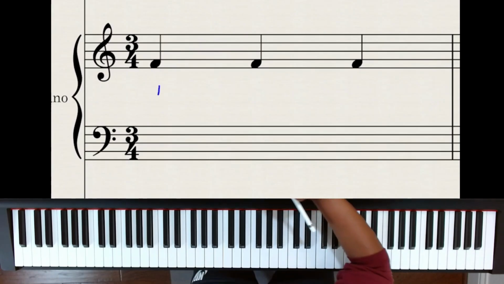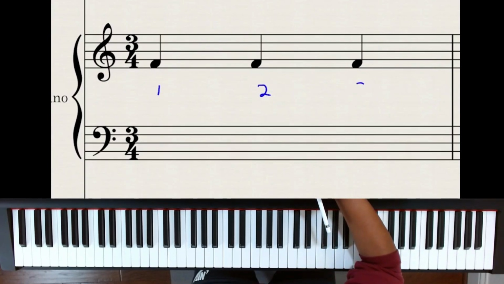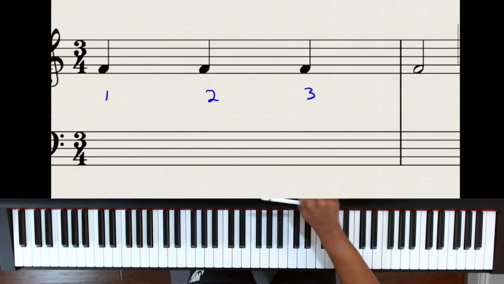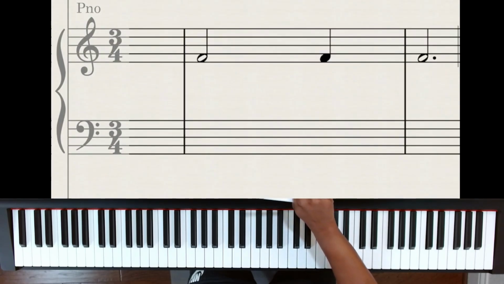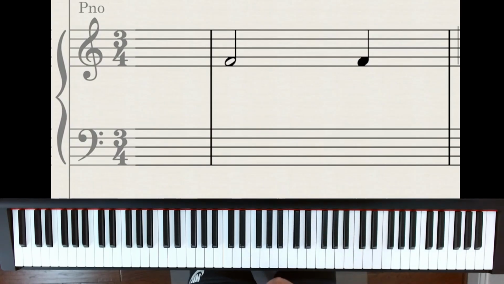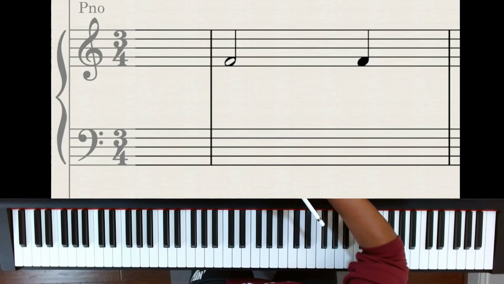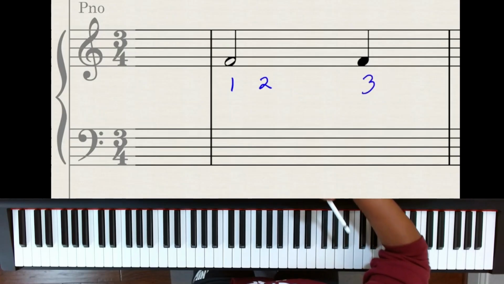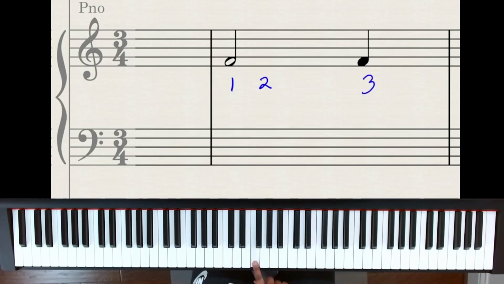So we have 1, 2, 3. 1, 2, 3. In our next example, we have a half note followed by a quarter note. Our half note is going to get the first 2 beats, 1, 2, and our quarter note is going to get the last beat, 3. So we have 1, 2, 3.